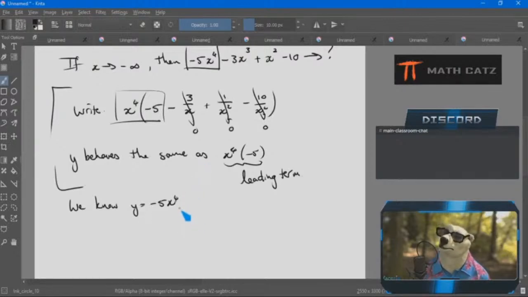Because it's just a basic transformation. I flip it horizontally, I stretch it a little bit, it's going to look like that, right? So long term, I'm now looking at x to the far left.